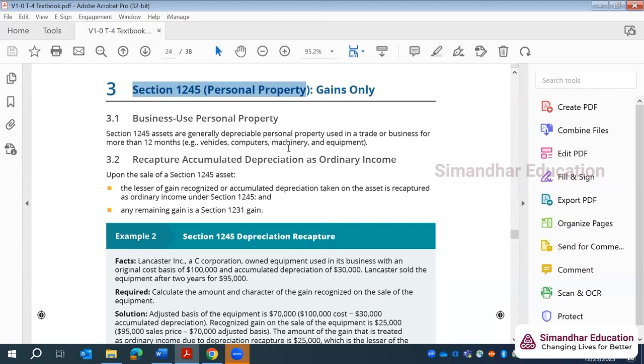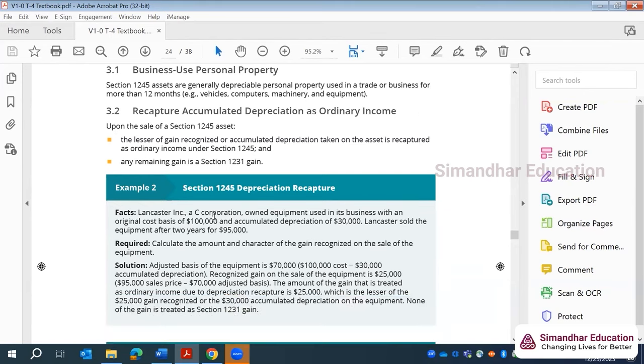You are using the car in your ordinary trade or business and you held the car for more than a year. If you are satisfying both criteria, then this is a Section 1231 property. If this is a Section 1231 property, the losses are treated as ordinary. So this $2,000 is going to be your ordinary loss.